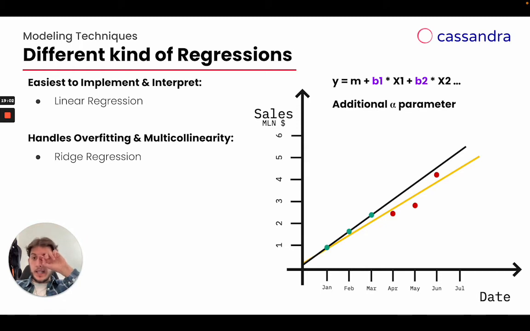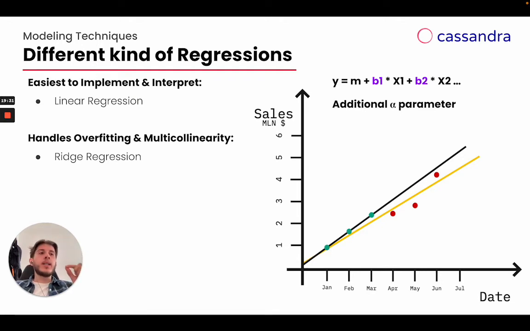And the idea behind ridge regression, first of all, it's great to handle overfitting and multicollinearity as well, okay? Because you will have an additional alpha parameter which is used in the process of deriving the beta coefficients. So you won't actually see that in here, but in the formula used to derive the beta coefficients, you will have this alpha parameter that, in short, penalizes the coefficients.